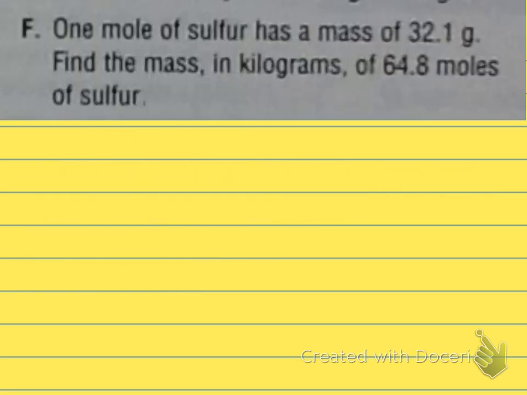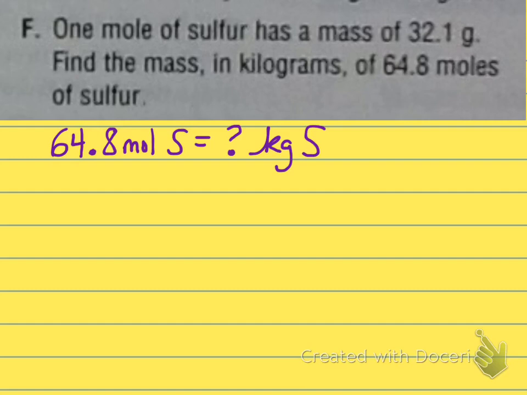Letter F. 1 mole of sulfur has a mass of 32.1 grams. Find the mass in kilograms of 64.8 moles of sulfur. So this one is asking me to take 64.8 moles of sulfur and figure out what the mass is in kilograms of sulfur.